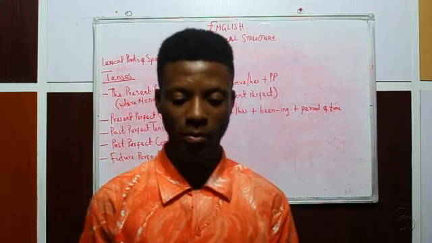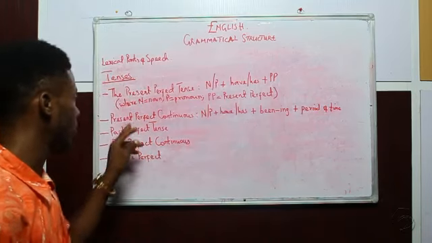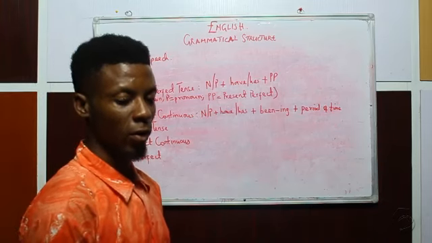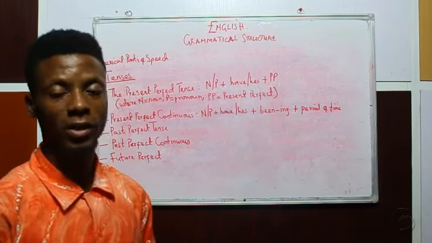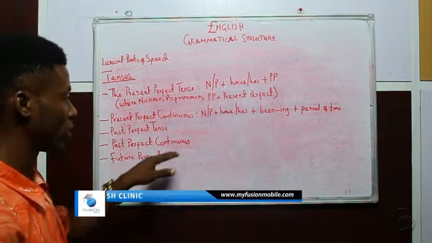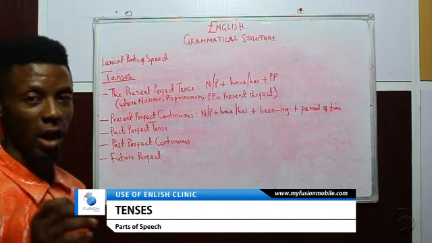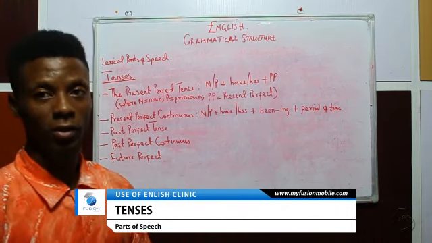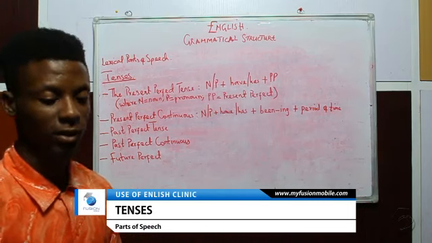We have the present perfect continuous. This one also has a formula of its own for easy reference and easy solving of any question such as this that we come across, and also to know how to make use of the present perfect continuous tense in our sentences.